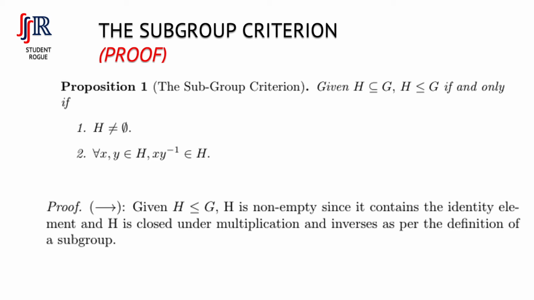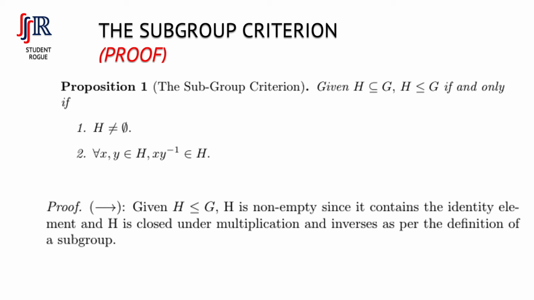So condition 1 holds. And for condition 2, it's actually wise to see that condition 2 sandwiches the closure under multiplication and the closure under inverse conditions into one. So given that H is a subgroup of G, is it true that condition 2 holds? Well, let's see.